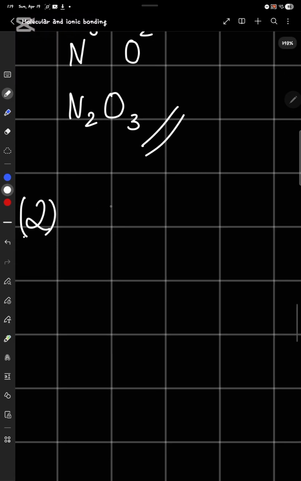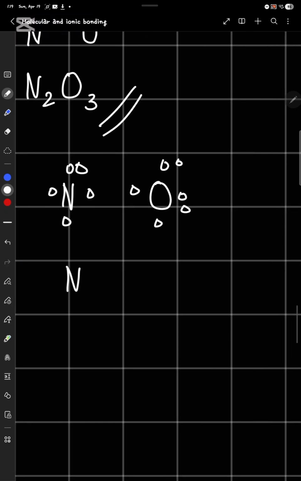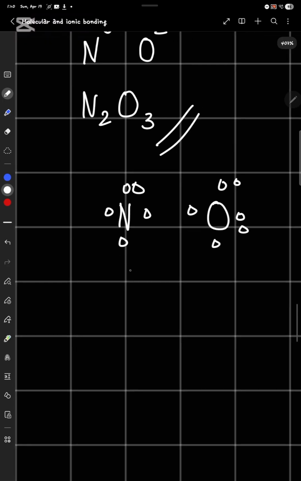So nitrogen has 5 valence shell electrons. Oxygen has 6 valence shell electrons. You want to get 2 nitrogens. Okay, it's going to be hard. You want to get 2 nitrogens and 3 oxygens.